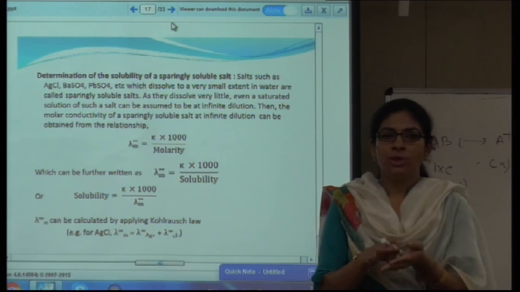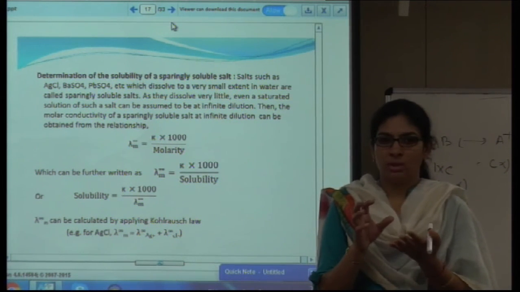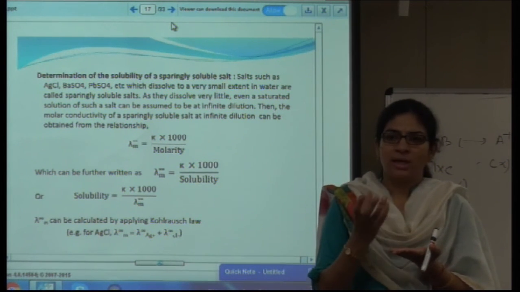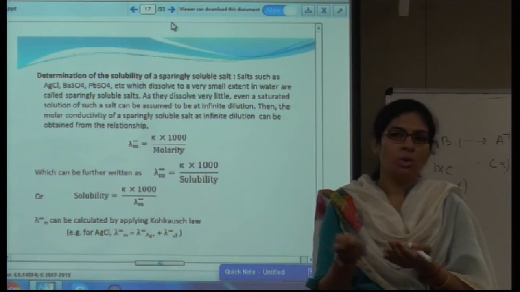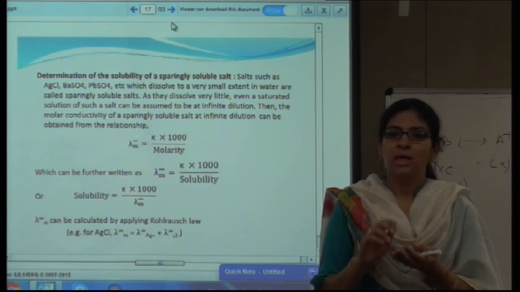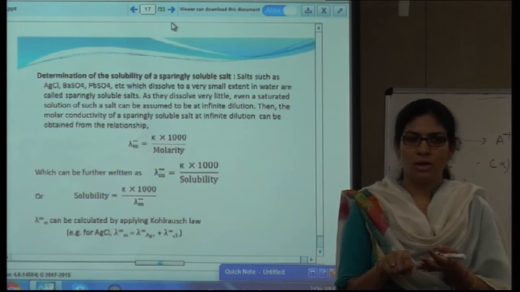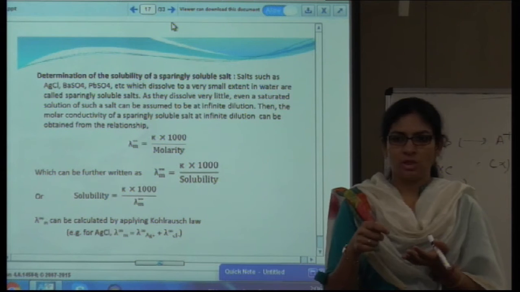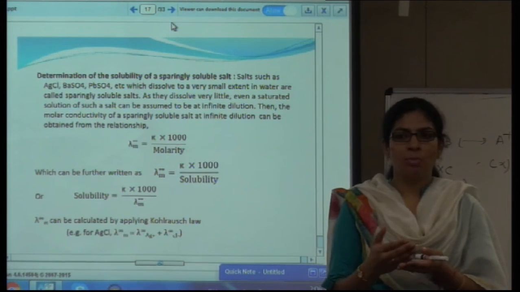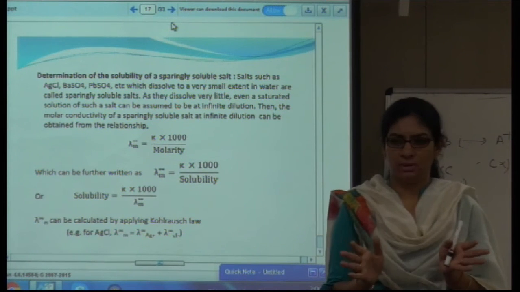You can try at home also. You take 1 glass of water, right? You put a spoon of salt into that, you see that it will dissolve immediately. You put another spoon of salt, then again it will dissolve, and you keep on putting more and more salt, but you will reach a point wherein it will not dissolve further, right?